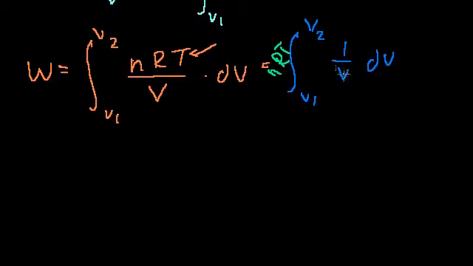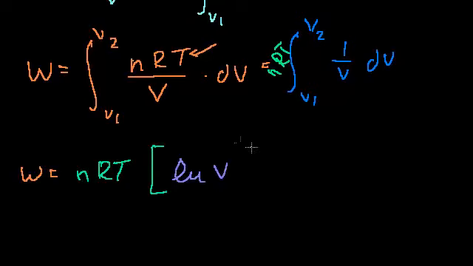Now, what's the antiderivative of 1 over V? It's the natural log of V. So our work is equal to nRT times the natural log, this is the antiderivative, of V, evaluated at V2 minus it evaluated at V1.